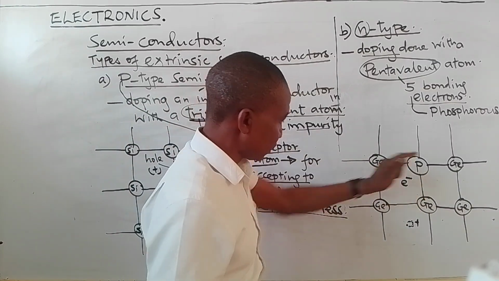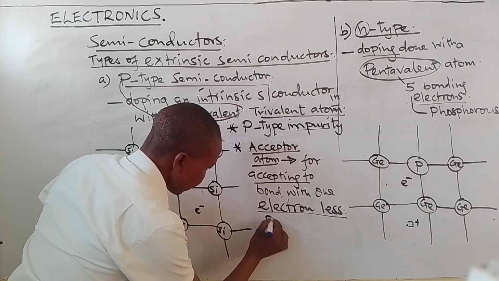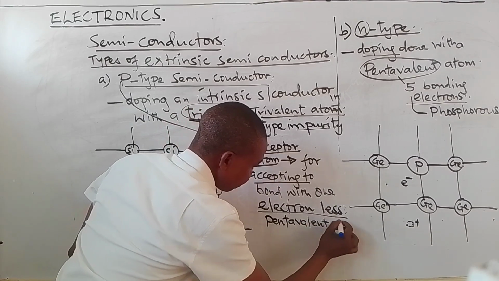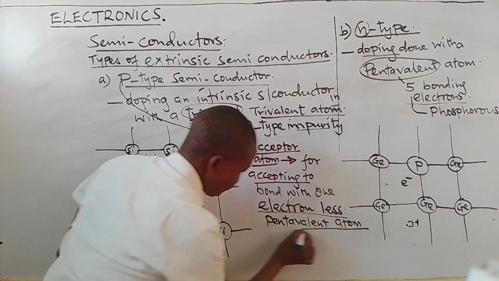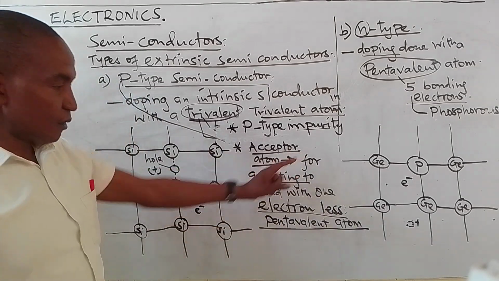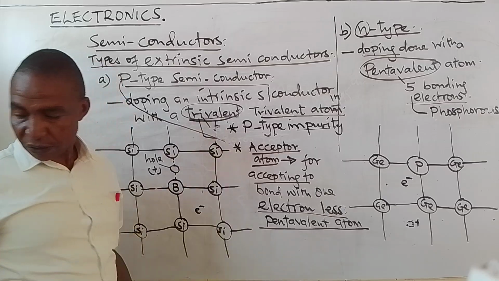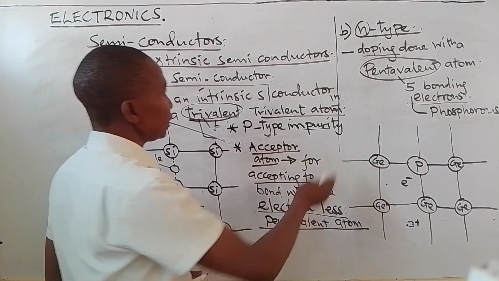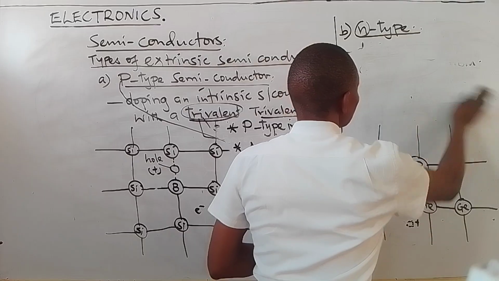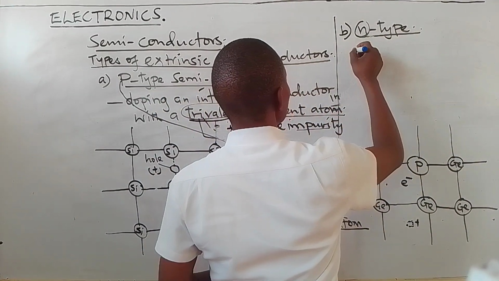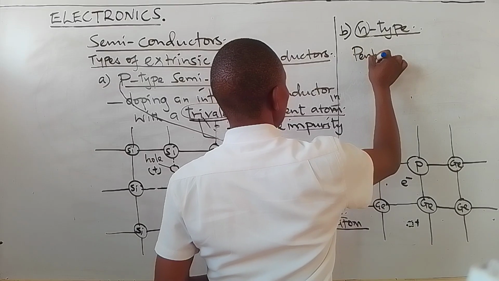Let's now come to this pentavalent atom. This one has also two names. One, we can call it the N-type impurity. I wish to write at the top here, the pentavalent atom.